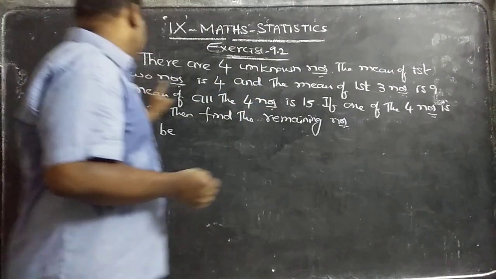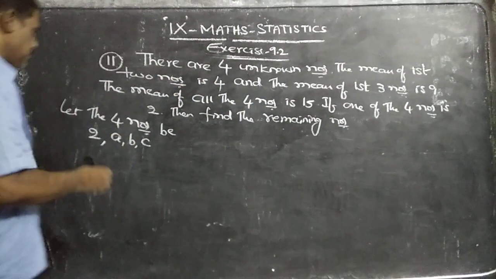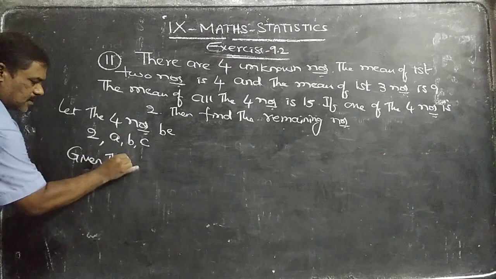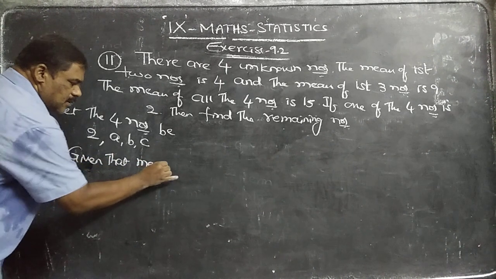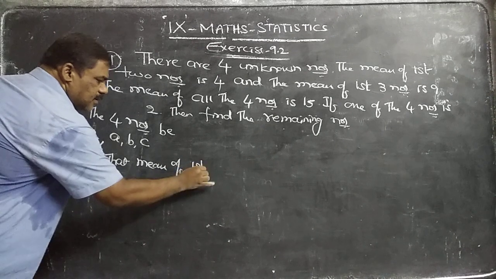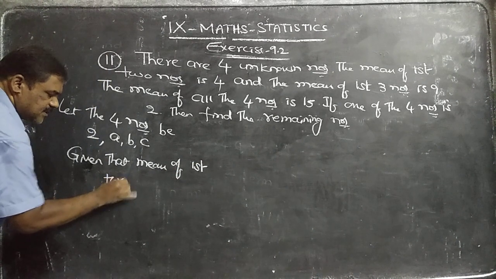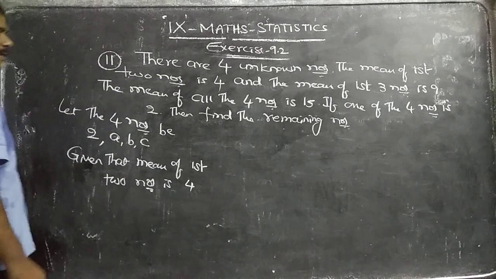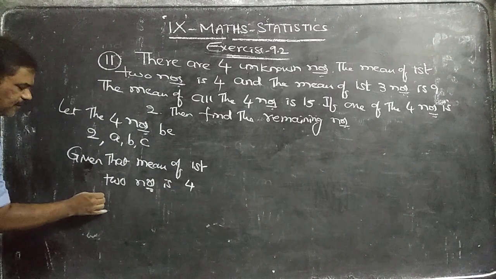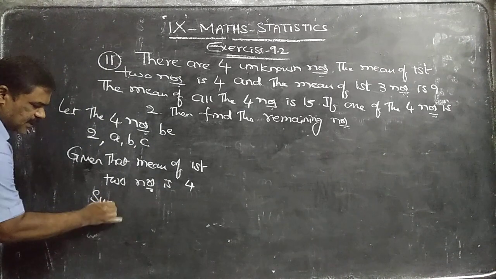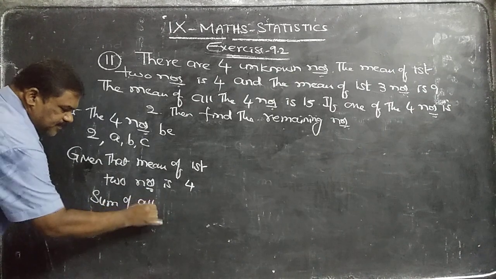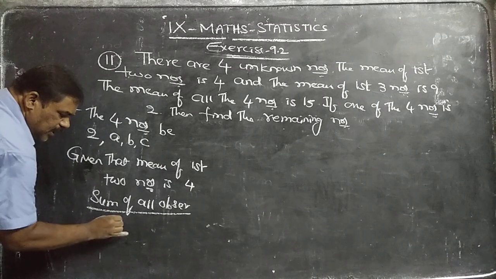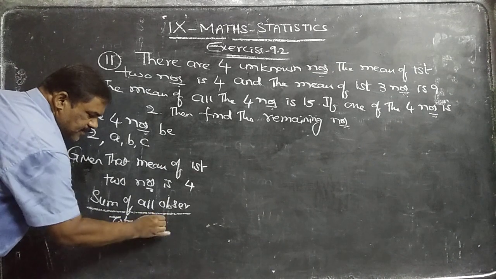The mean of first two numbers is 4. What is the formula for mean? Sum of all observations by total number of observations.